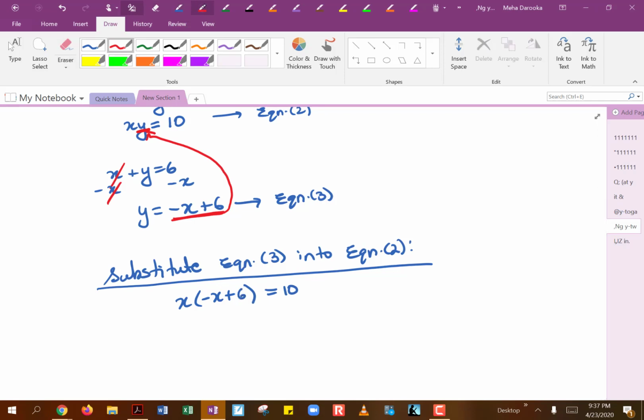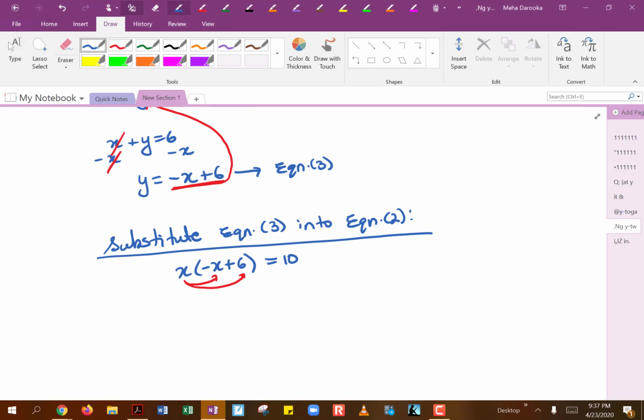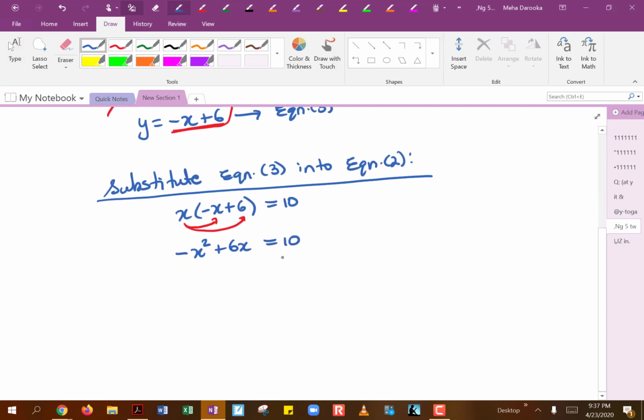Alright, so the first thing, of course, we will need to do is go ahead and distribute that x value inside our parentheses, which will end up giving us negative x squared plus 6x equals 10. And then let's go ahead and move that 10 also to the left hand side. And of course you'll see we end up getting actually a quadratic function over here. So negative x squared plus 6x minus 10 equals 0.